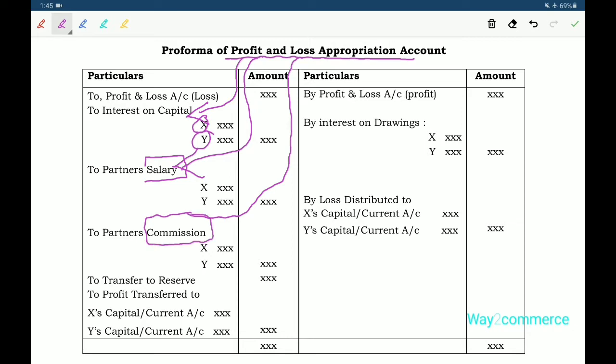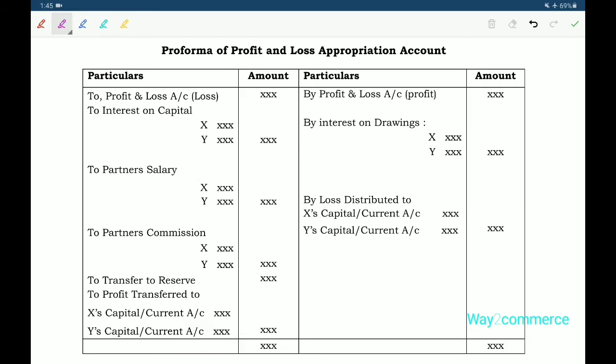In case of certain amount transfer to reserves, what is the entry? It is also an appropriation. That's why profit and loss appropriation account debit to transfer to reserve account. So these are the entries. Next, in case of interest on drawings. So interest on drawings is the income to the firm.